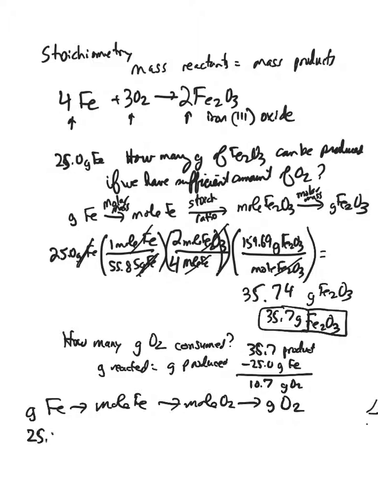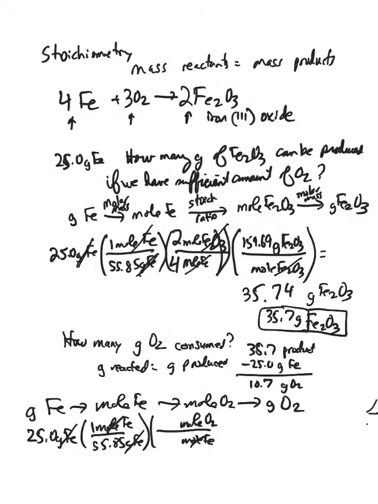So 25.0 grams of iron times 1 mole of iron is the same as 55.85 grams of iron. Grams of iron divided by grams of iron cancels. I've got moles of iron. I want to convert that to moles of oxygen.